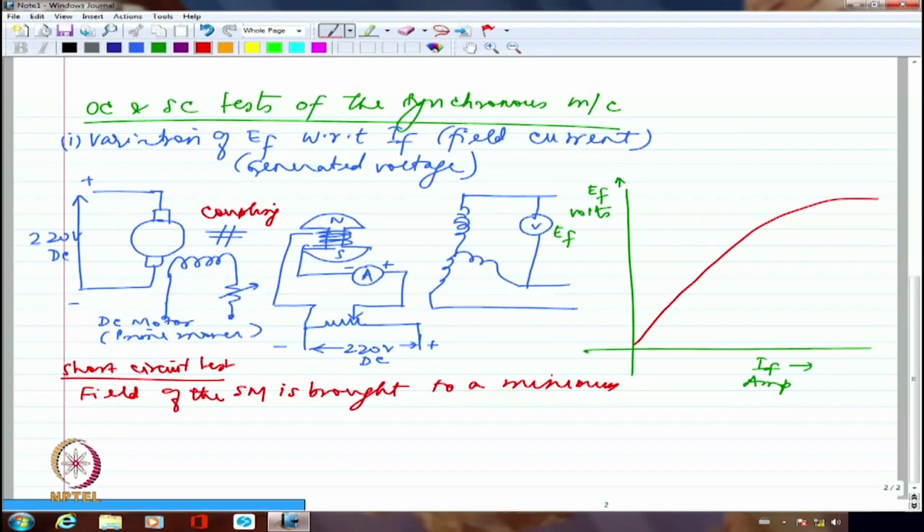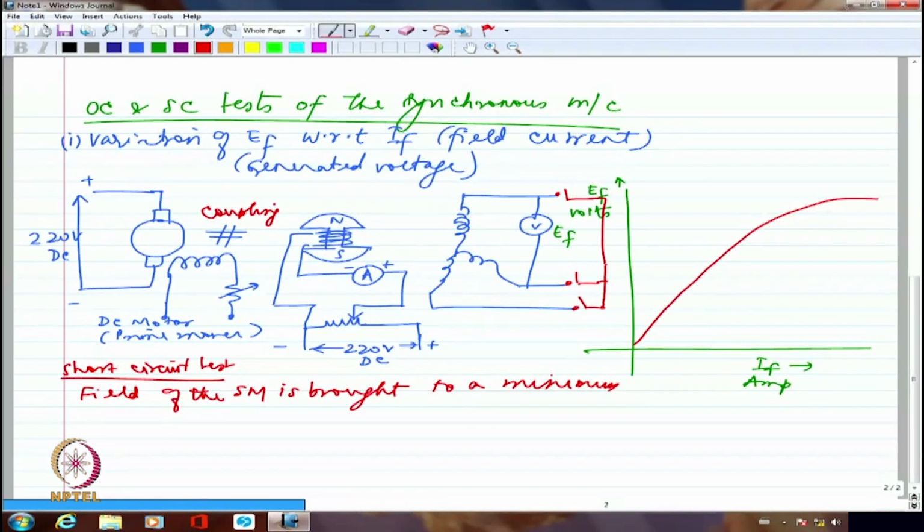And generally what we try to do is to have a switch connected here because we don't want to again start the DC motor from 0 speed, bring it up to 1500 RPM and so on and so forth. Very often what we do is to provide a 3-phase switch here. And then we will try to short circuit this switch. We will close the switch once open circuit test is done.